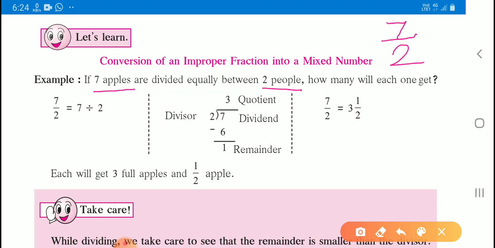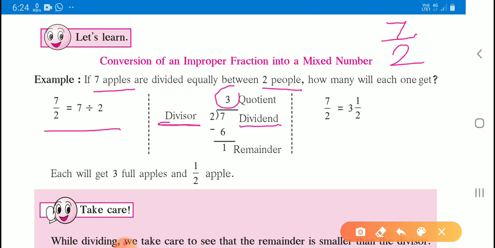Okay, so here 7 upon 2 means 7 divided by 2, they given here. Now we'll divide it. 7 divided by 2, here 7 is known as the dividend. Then 2 is the divisor. Then 2 threes are 6.